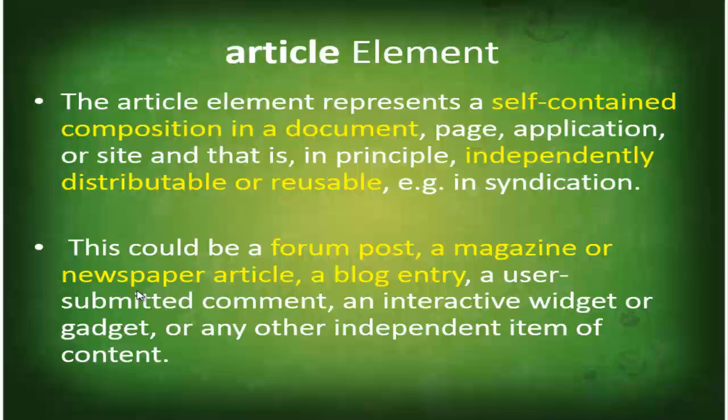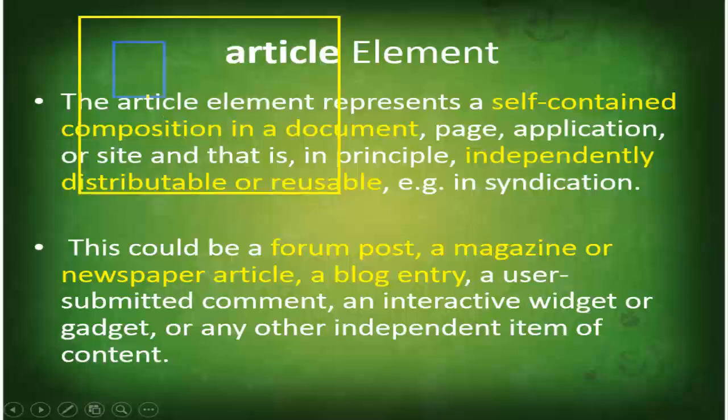Suppose you have a page here, and you have sections within the page, not articles. Sections are usually related to the others. If you want to read the next section, you may have to read the previous section in order to understand the other section.